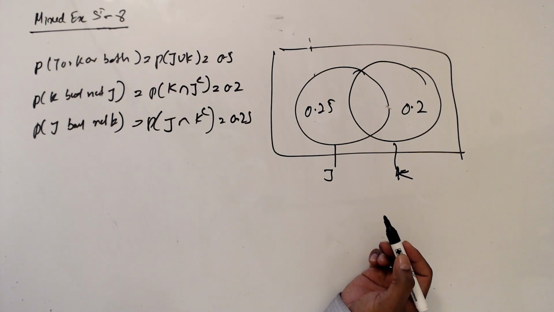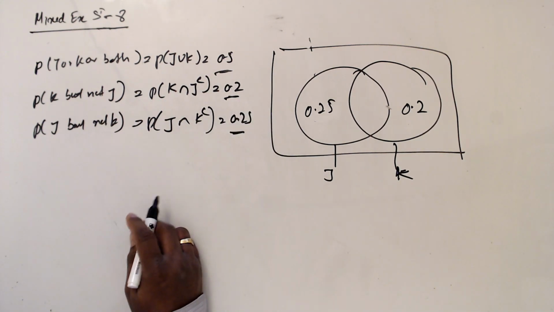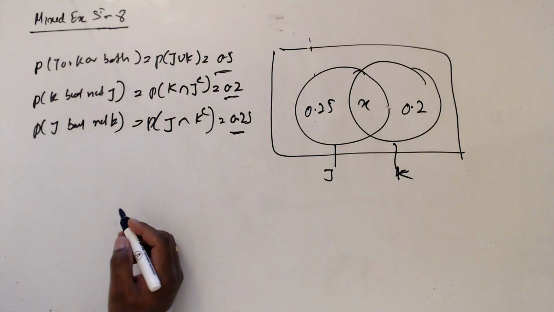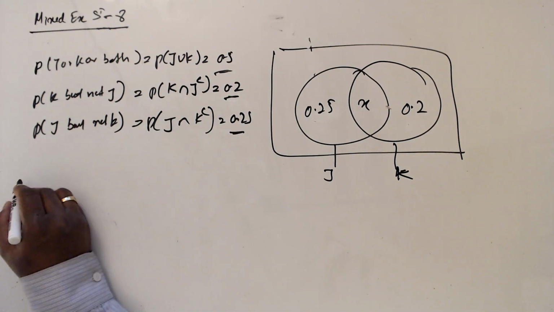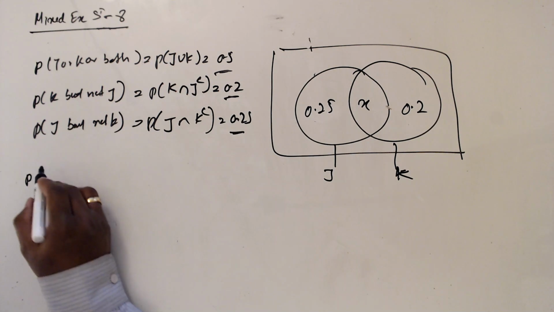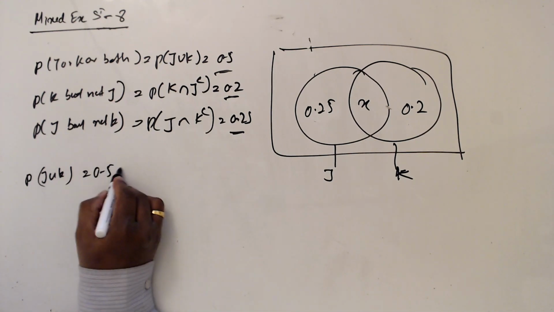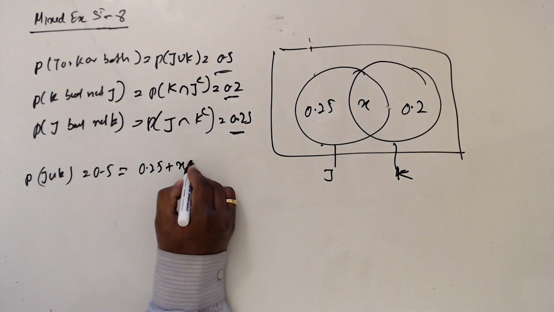And we have this one 0.5, 0.2, 0.25. If this is X, this answer has to be equal to probability of J union K, which equals 0.5, equals 0.25 plus X plus 0.2.